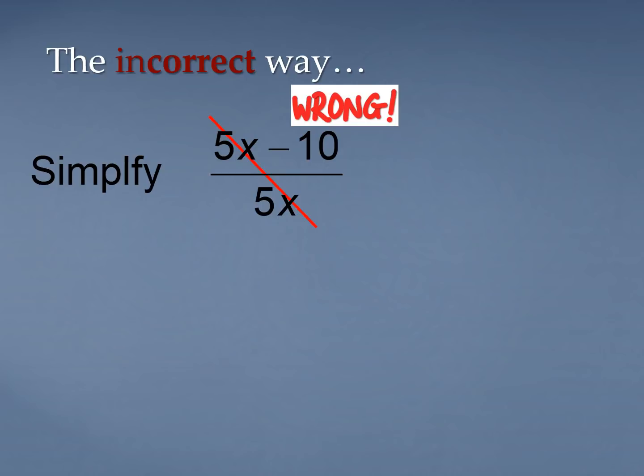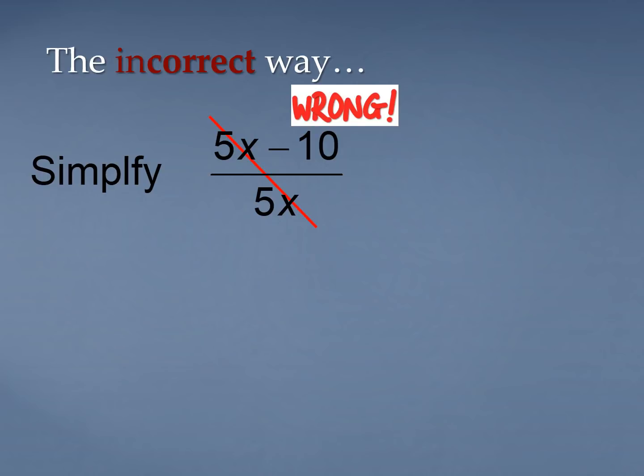Why can't you do that? The 5x in the upstairs is separated by a minus. This 5x as a unit is an addend. You can't cancel the 5x in the upstairs with the 5x in the downstairs because the 5x in the upstairs is not functioning as a factor. It's functioning as an addend.